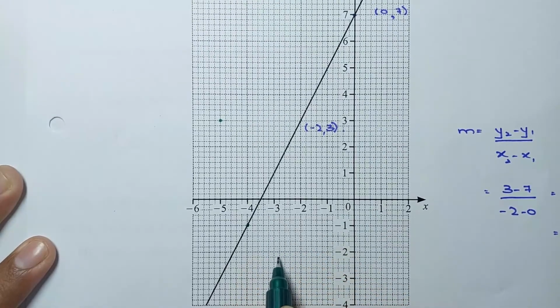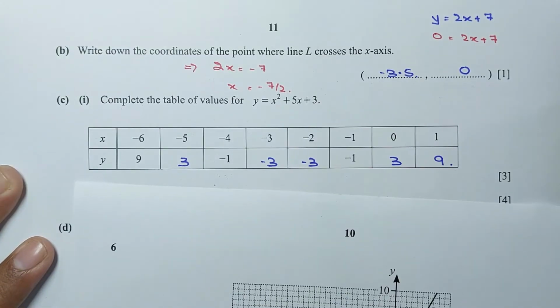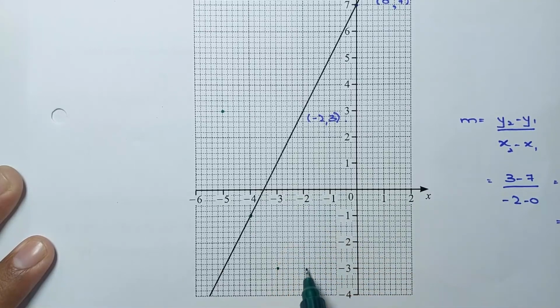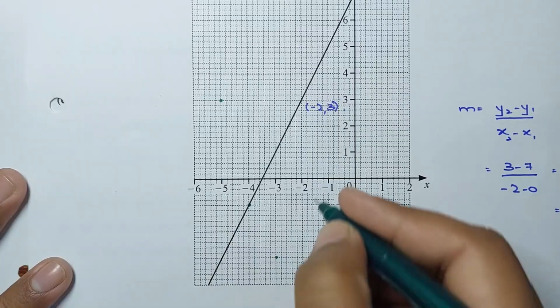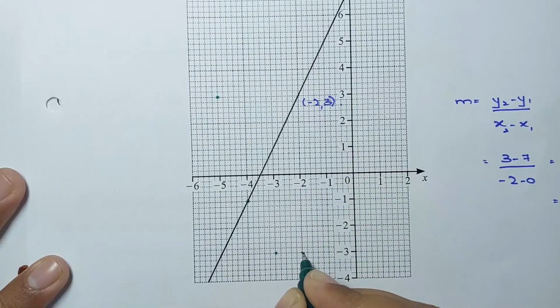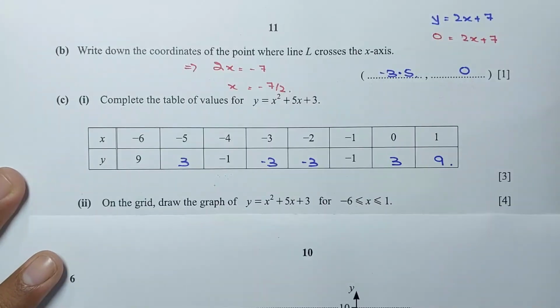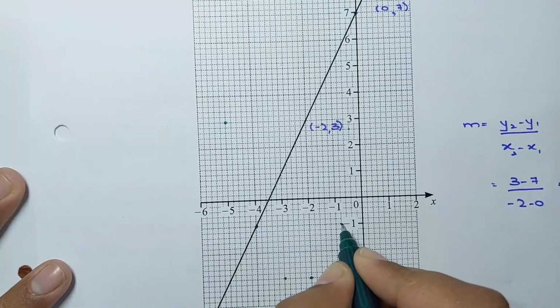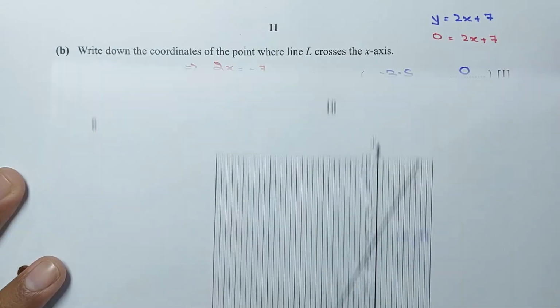For minus 3, it's minus 3. For minus 2, it's also negative 3. And for minus 1, it's minus 1. 0, it's 3.